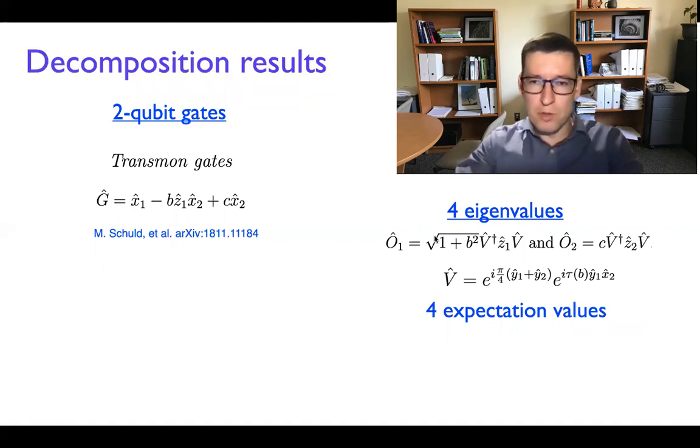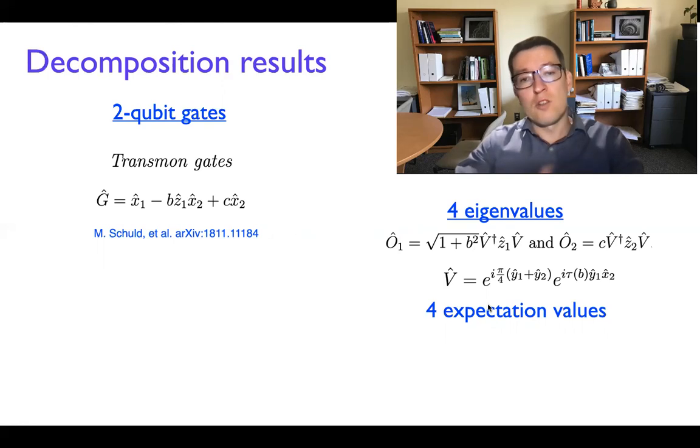But because we now decompose this transmon gate generator into 2 operators, both of which have only plus minus 1 eigenvalues, or actually scaled plus minus 1, because the scaling factors are related to B and C in the original generator, right?